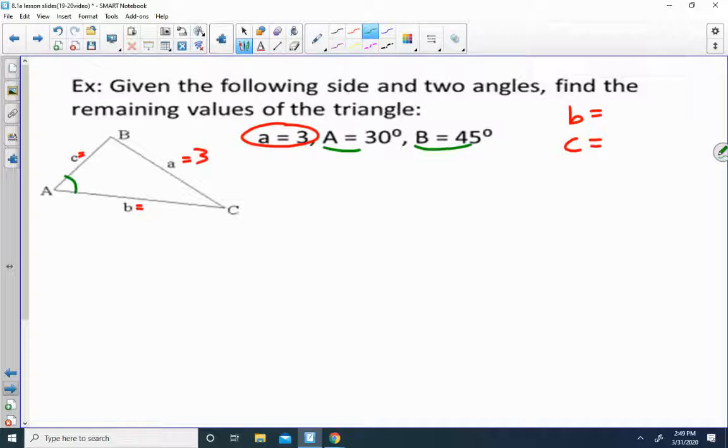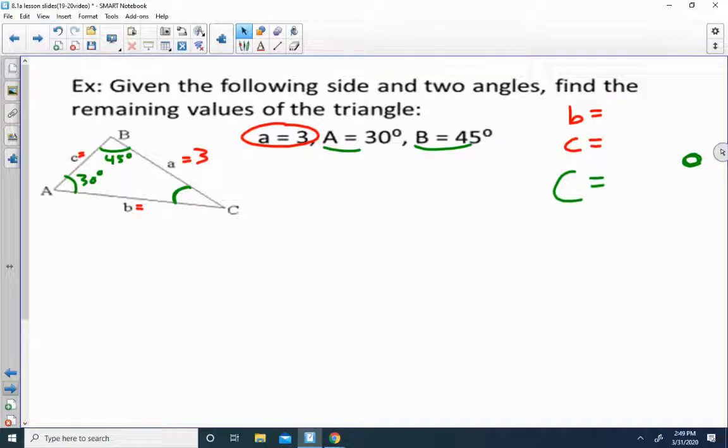So for angle A, or uppercase A, I'm going to put 30 degrees. For angle B, we got 45, but we don't know what the third angle is, angle C. So we're just going to say over here, we need to find angle C, or big C. And of course, since it's an angle, we have to make sure we put the degree symbol for that.